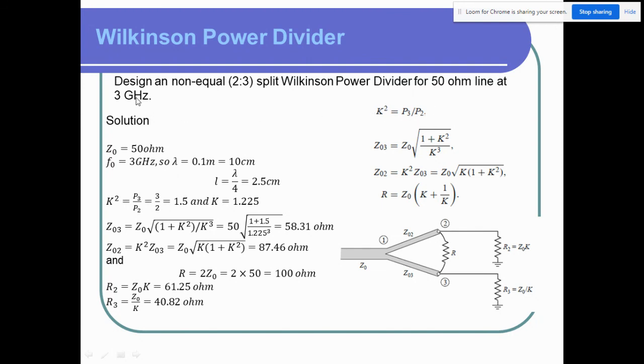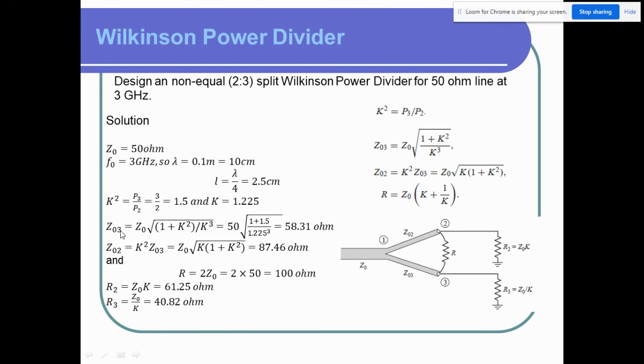And lambda we know, 10 centimeter. So the length of this one is actually 2.5 centimeter. Now the K square we know, so K is equal to 1.225. So now we calculate this one.